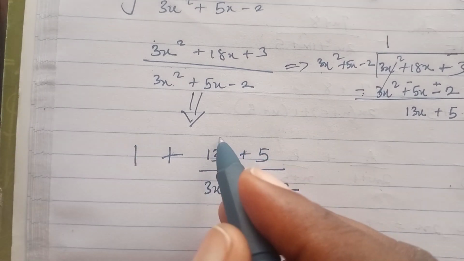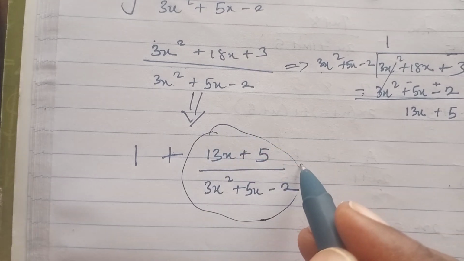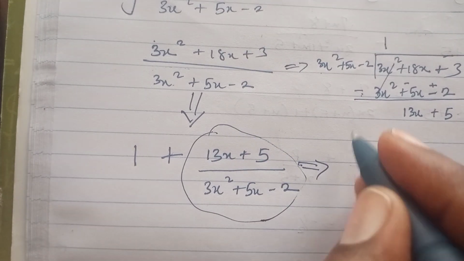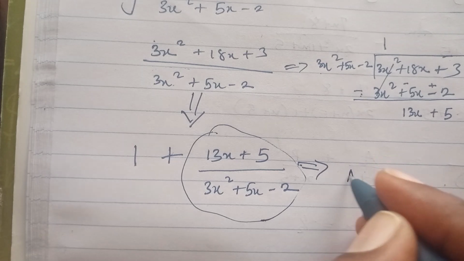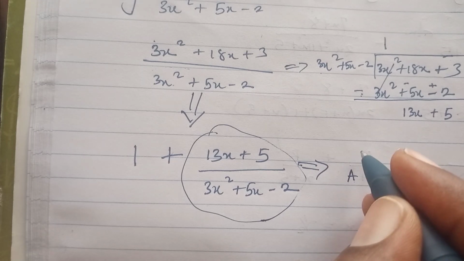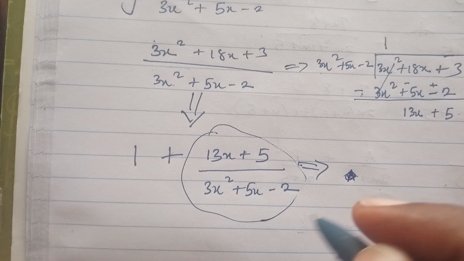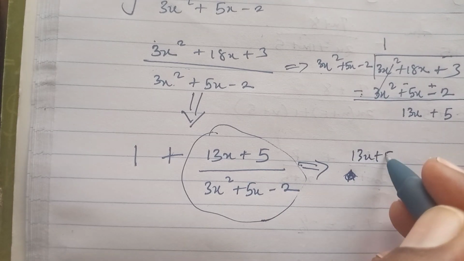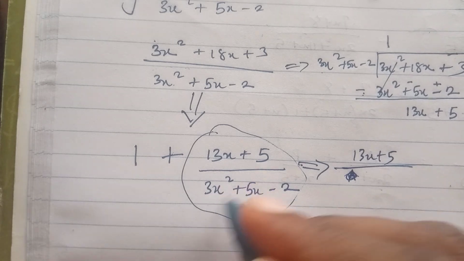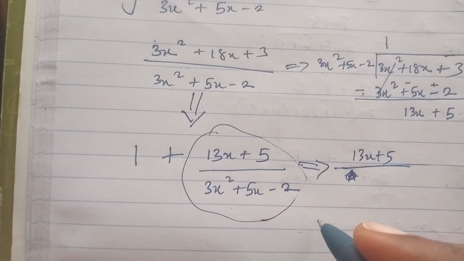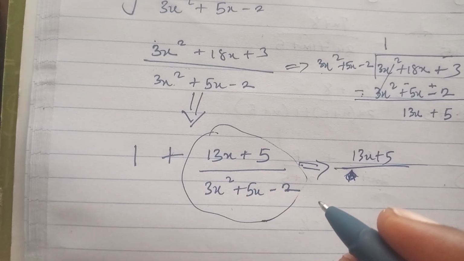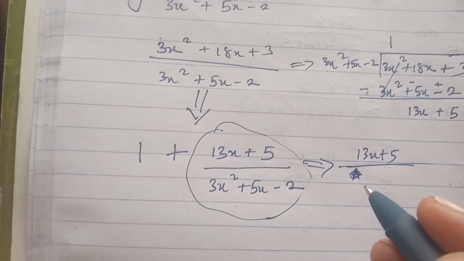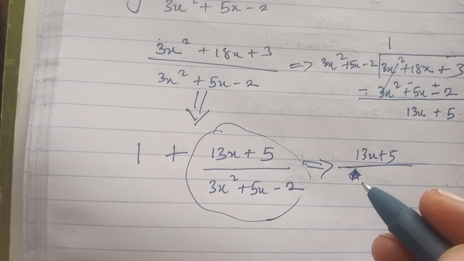So now this particular one here, we'll write it in the form of partial fractions. First of all, let us factorize this. So we have 13x plus 5 over 3x squared plus 5x minus 2.